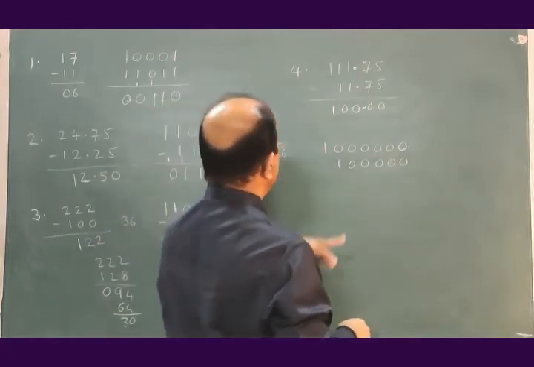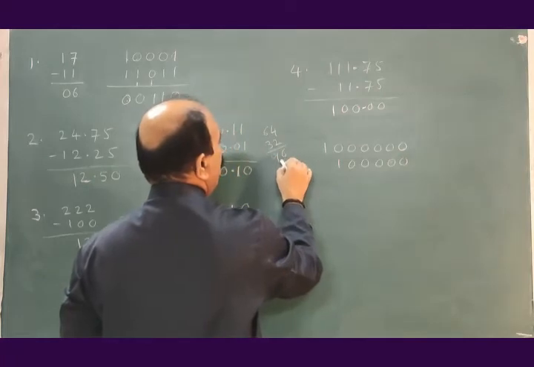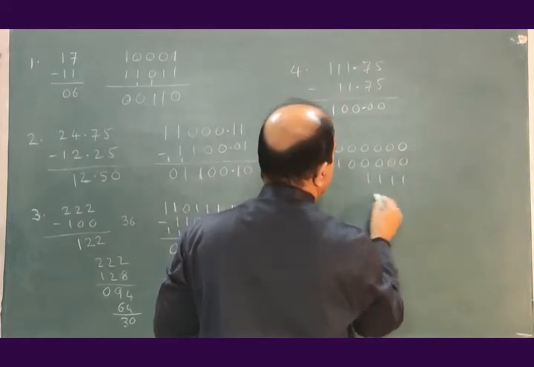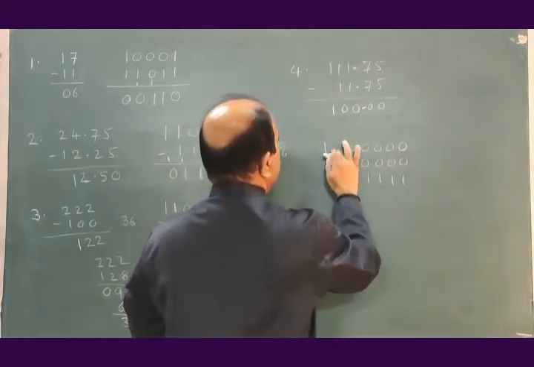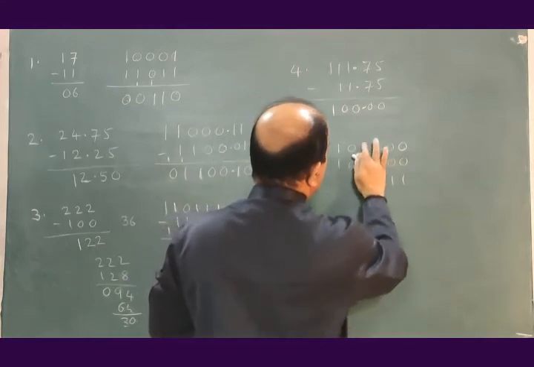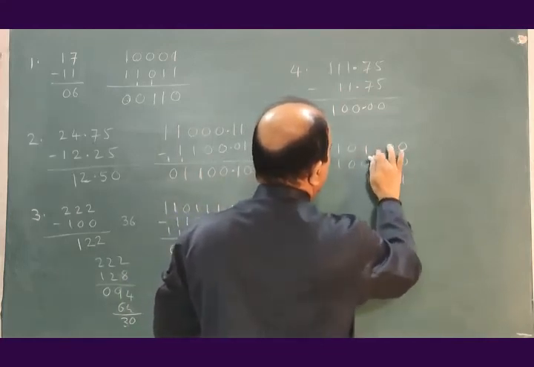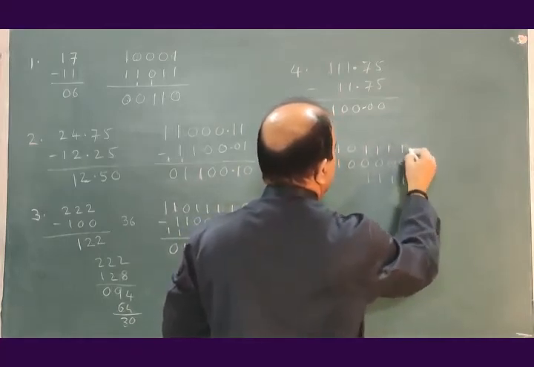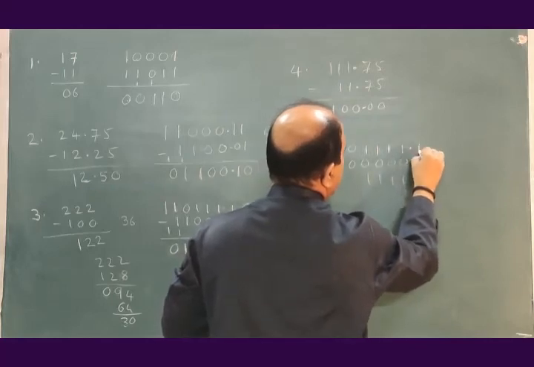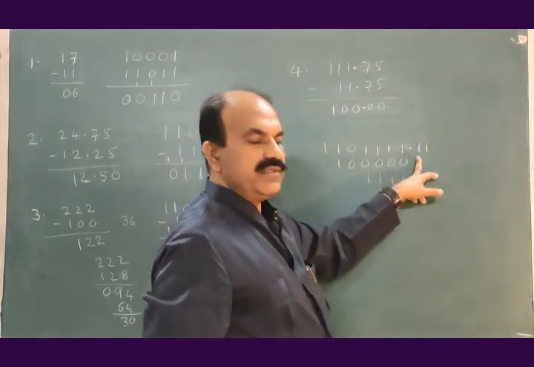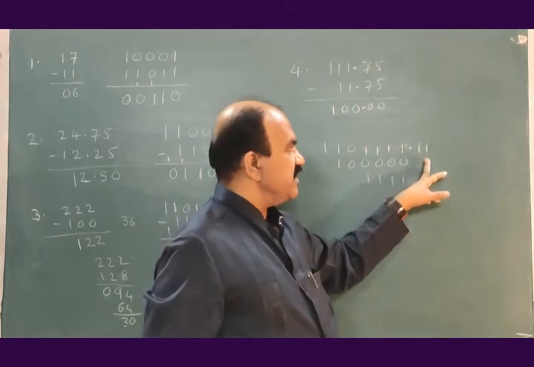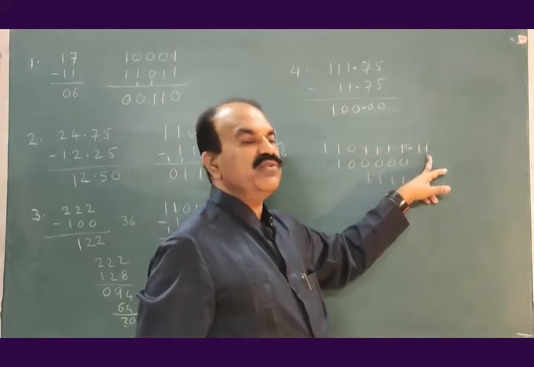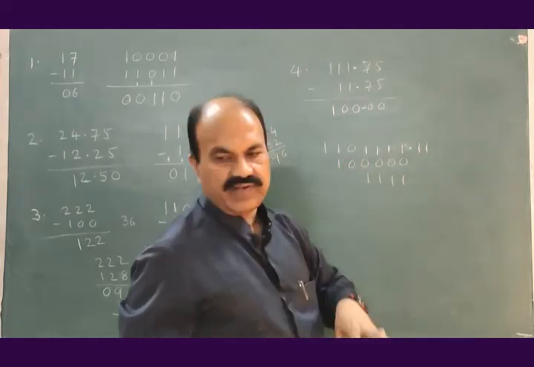We want 111, so 15 is left. 1 2 3 4. So I have to put 1 here, then 1 here, 1 here, 1 here, and 1 here, and for this 0.75 just put 1 1. This corresponds to 2 to the power minus 1 and 2 to the power minus 2. That will be 0.5 and 0.25. Sum of these two will be 0.75.